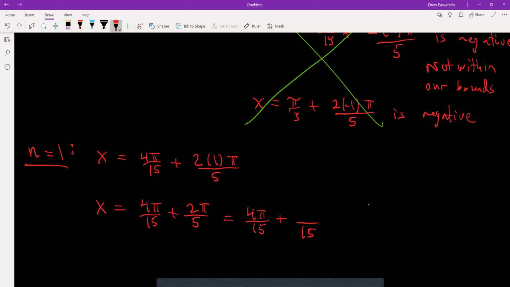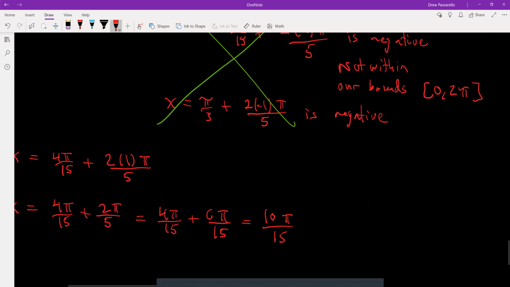5 times 3 is 15. So you do 2 times 3 is 6 pi over 15. 4 plus 6, that's 10 pi over 15. And then you reduce this. So divide by 5 to 10, that gives 2 pi over 3.